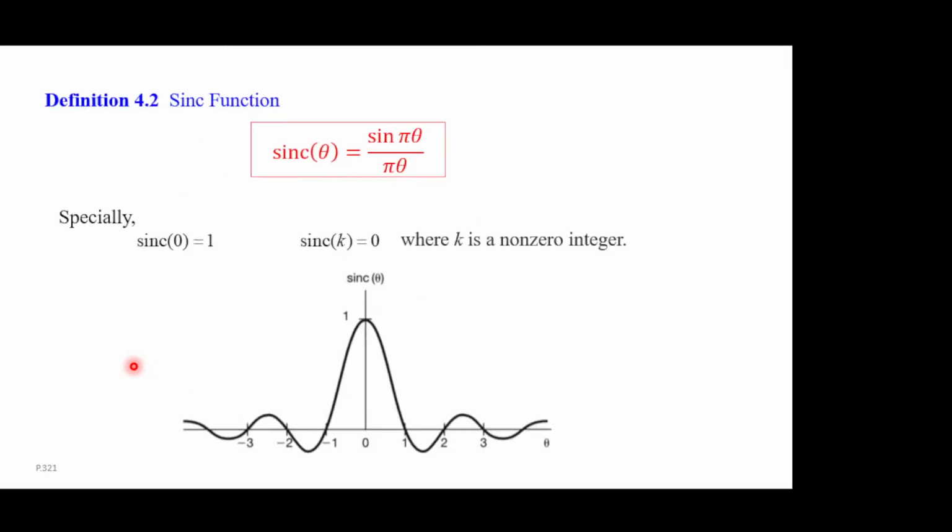And finally, let's make some notation. We keep calling these sine t over t or sine omega over omega functions, and that's very annoying. So let's introduce a name for them. It's called the sinc function.